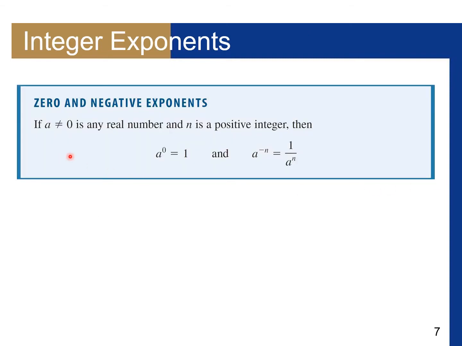A cannot equal 0, and n is any positive integer. If you have any base at all to the 0 power, it's equal to 1, other than 0.